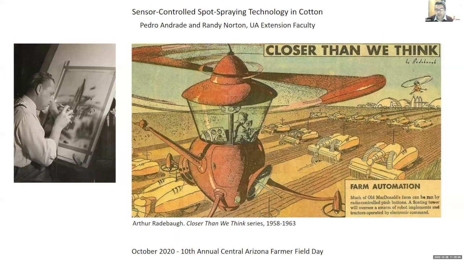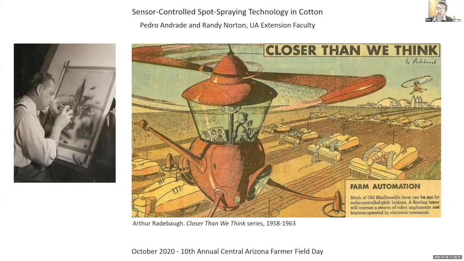And you see the way he conceived farm automation is with autonomous vehicles. Now we're seeing some of those, okay? And communications and control, all those kinds of aspects are embedded in that futuristic view, okay? So it's interesting to see 50 years later what we see today.